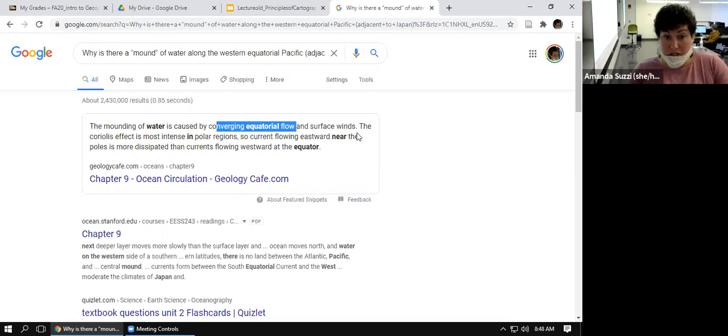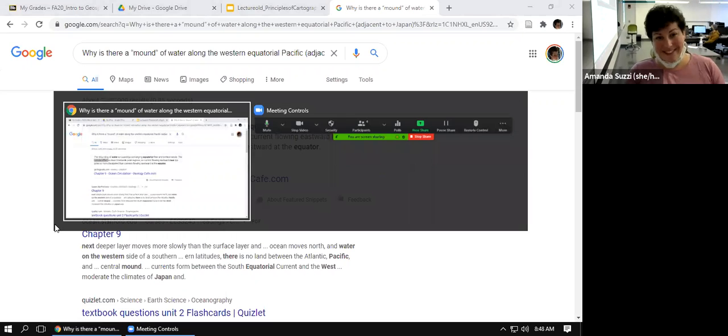Convergent equatorial flow and surface winds. So it's from the ocean and air circulation. So, yeah, cool. Now we know. Now I'll know next time.